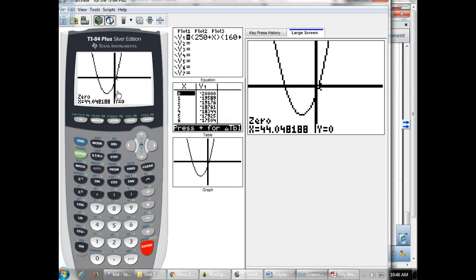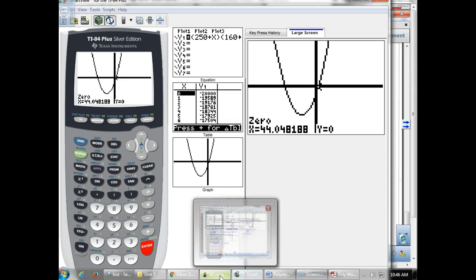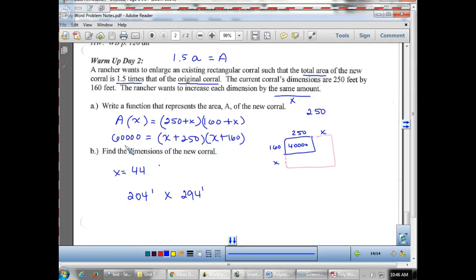It's something higher. So it's giving us positive values, which means our y is positive. Because when we subtracted the 60,000 over to the other side, it set it equal to 0. So anything larger than 0 for the y value is saying it's an area more than 60,000.